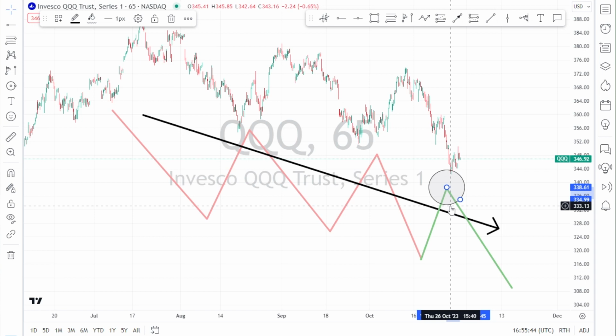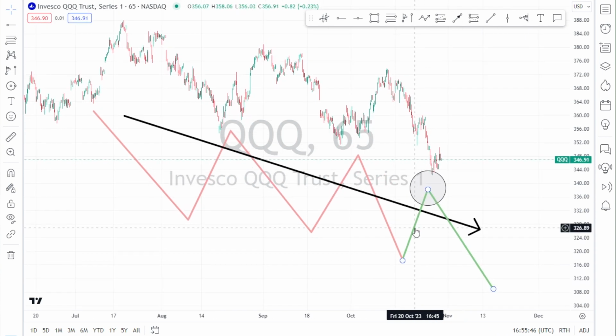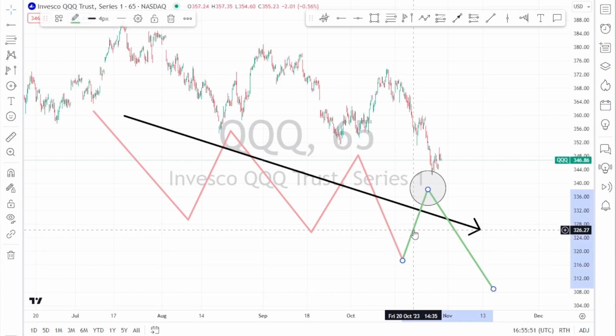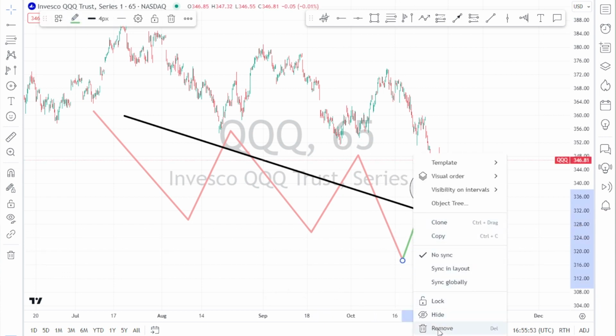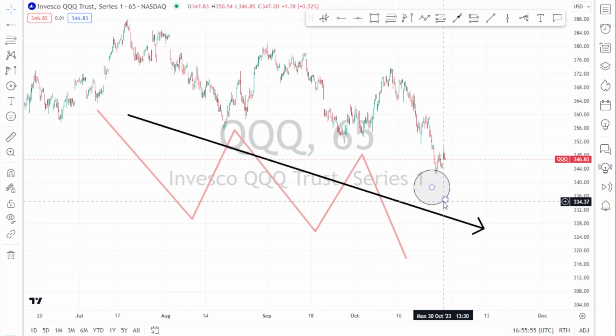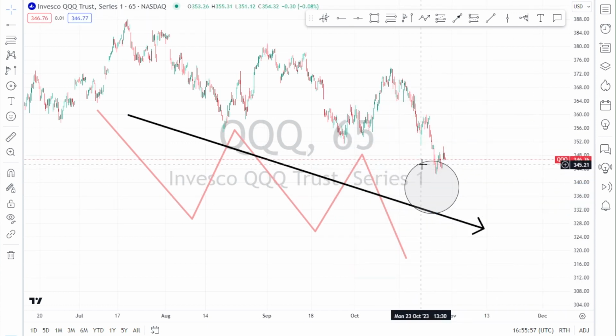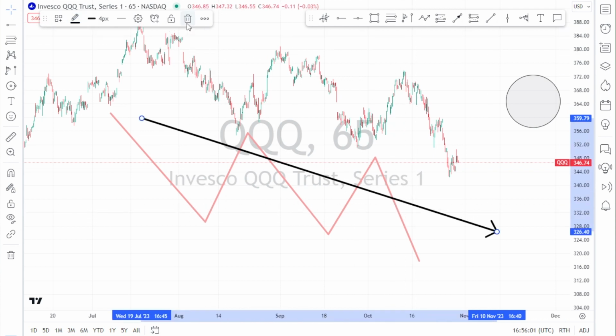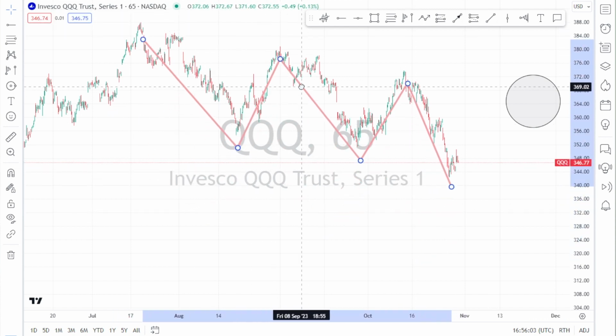All right, so how does that translate to the chart that we're actually looking at? Well, let me get rid of this. All right, move this around. Get rid of that. All right, so here's that chart action. Let me overlay it again.